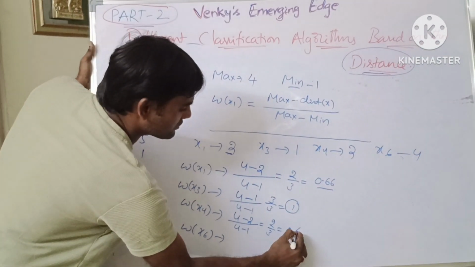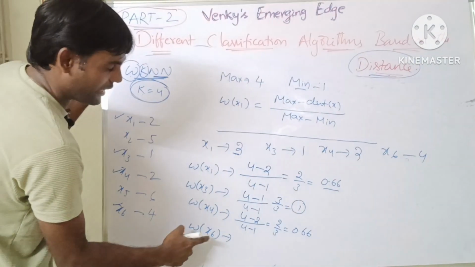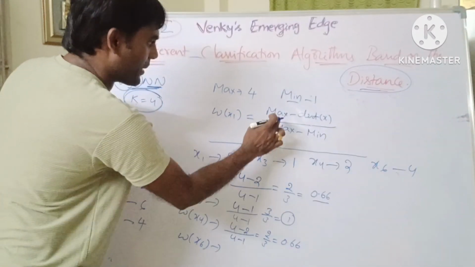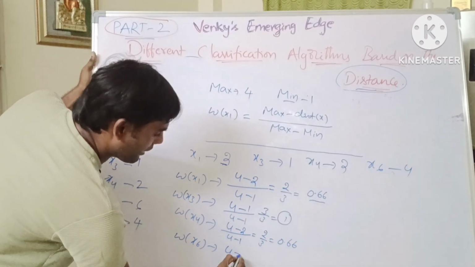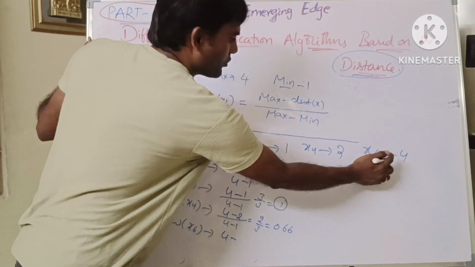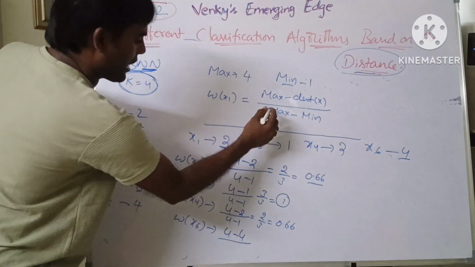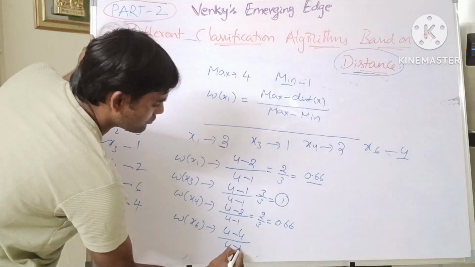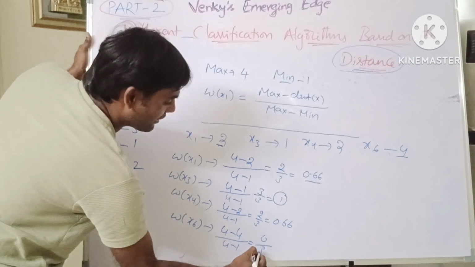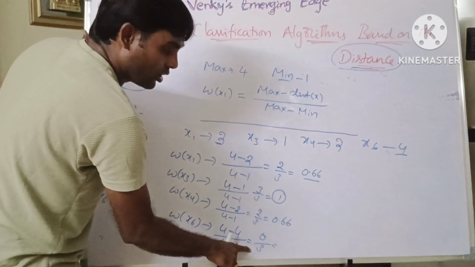Then 0.66. Next, x6. What is the max value? 4 minus the distance of x6, which is 4, divided by max minus min. So 4 minus 1, that means 0 by 3. In this situation we got 0.